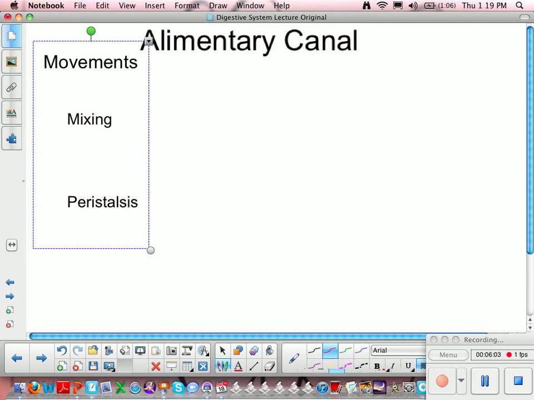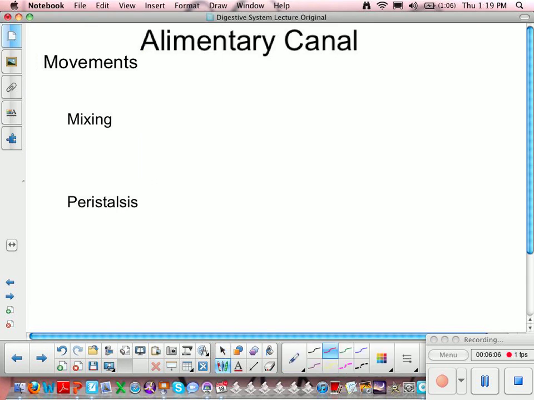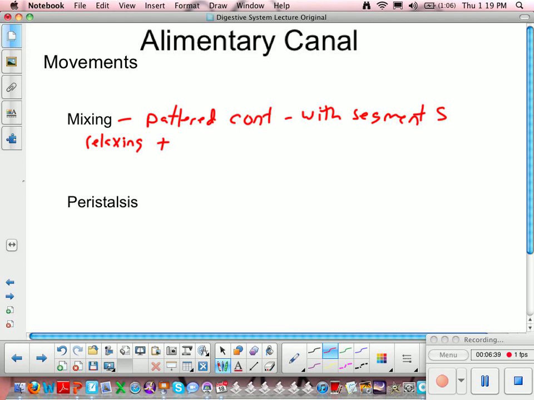There's the mixing movements, and the mixing movements are pattern contractions, with segments relaxing and others contracting.